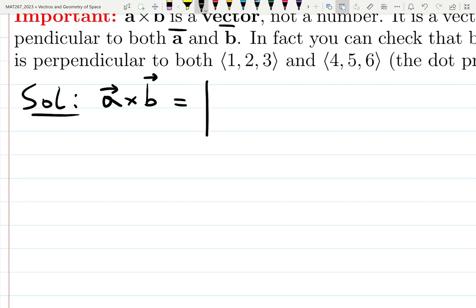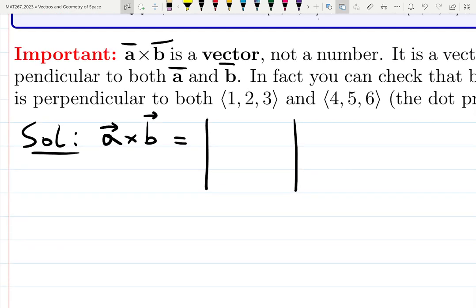Equals. Create a determinant. There are only 2 vectors, so it will be 2 rows. What is the third vector then? The first row is i, j, k, the well-known basis unit vectors.